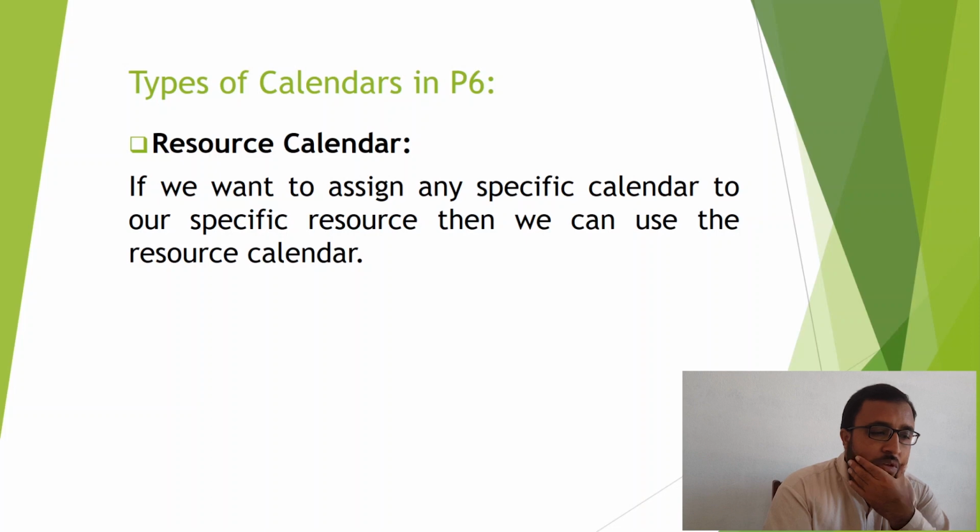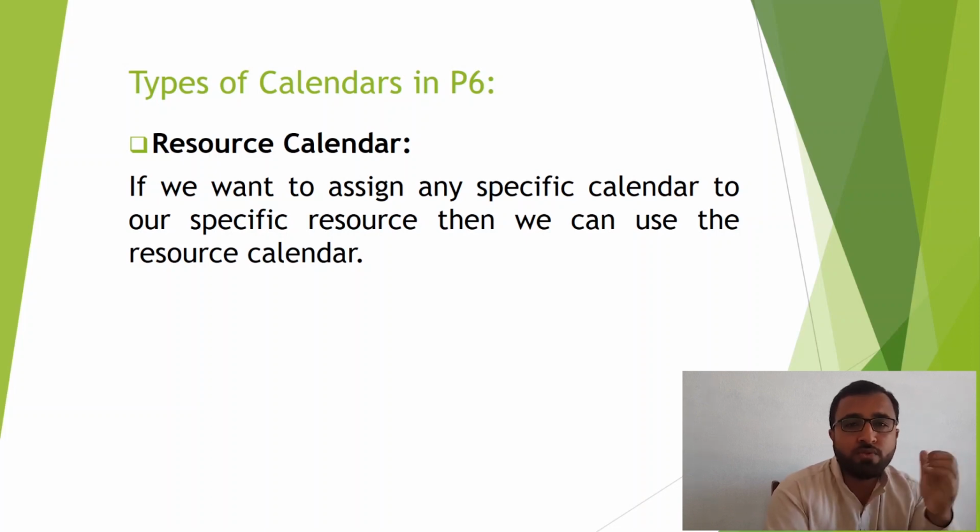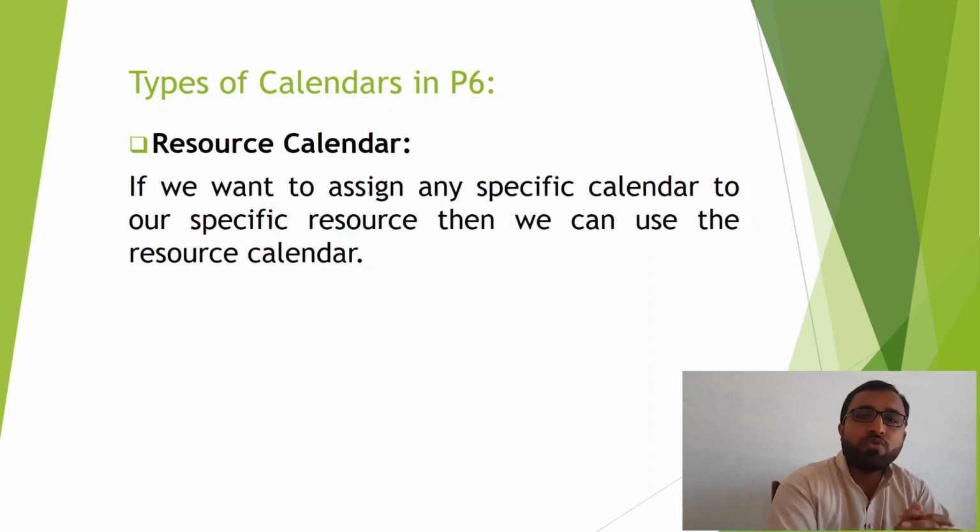But for some resource, for example some machinery, we may want to utilize half of the day, so we can define half the working hours of our other calendar. Then we assign that specific calendar to that resource, and it will perform its calculation based on the working hours defined in the resource calendar.